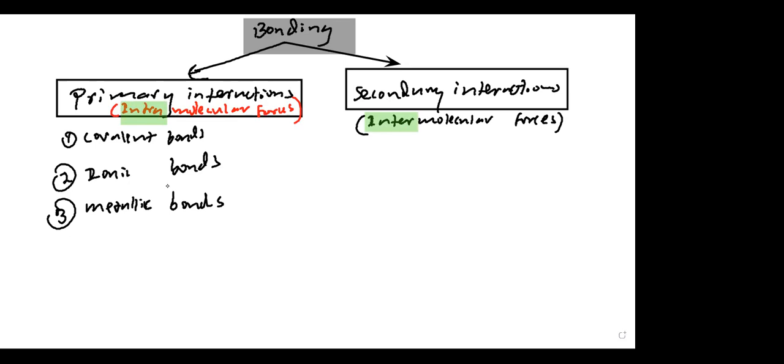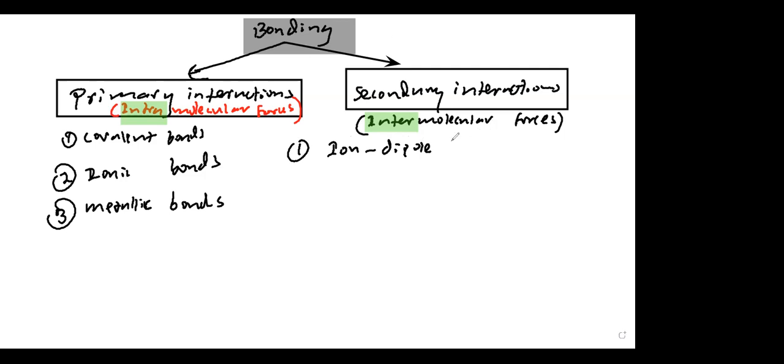Now the intermolecular secondary interactions. I'll put them in order from strongest to lowest, then it's easy to remember. The strongest secondary interaction, the intermolecular force, is ion-dipole.